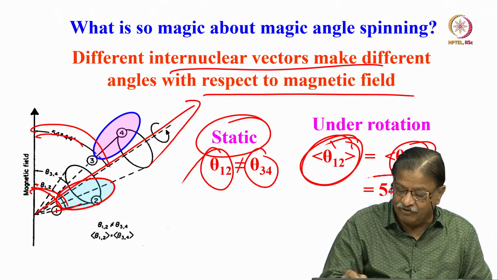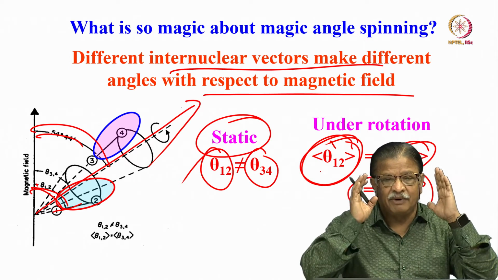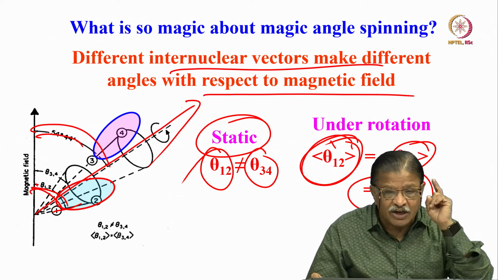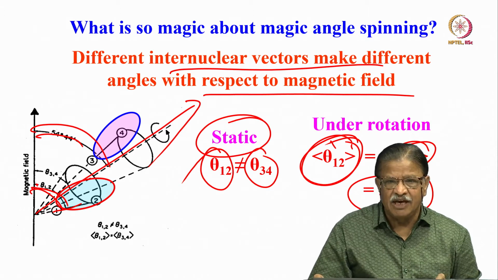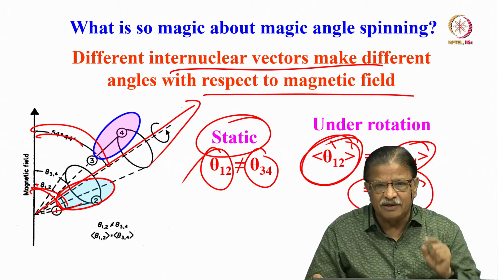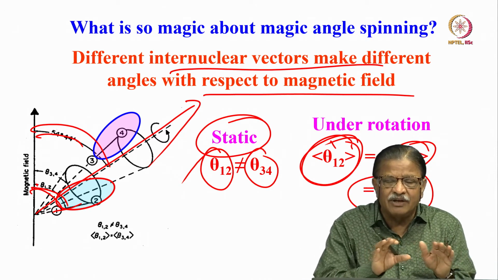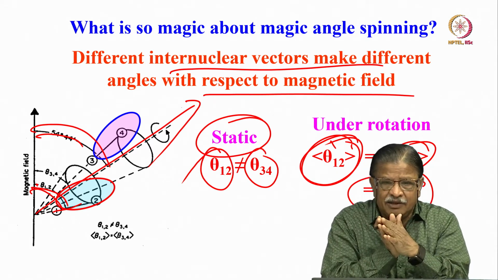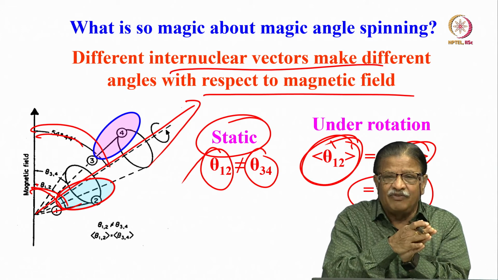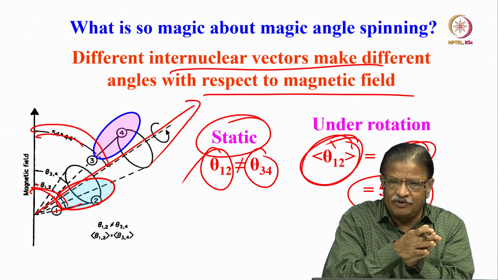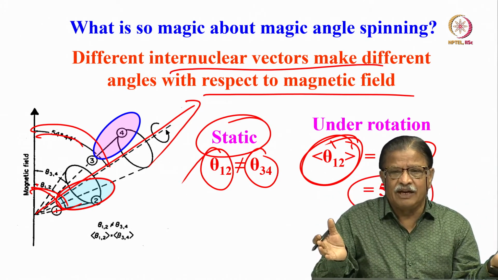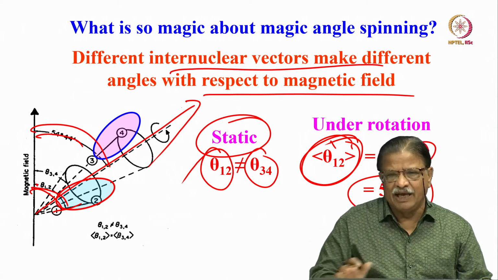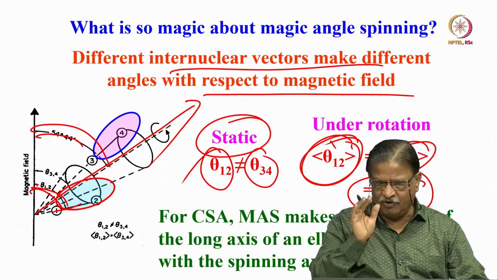This makes 54.7 degrees with respect to the magnetic field. That means you have artificially created a situation by spinning the sample rapidly, where all internuclear vectors are aligned along the direction of the axis of spinning, which makes an angle of 54.7 degrees with respect to the magnetic field. All internuclear vectors you can assume are along this spinning axis, which makes 54.7 degrees.